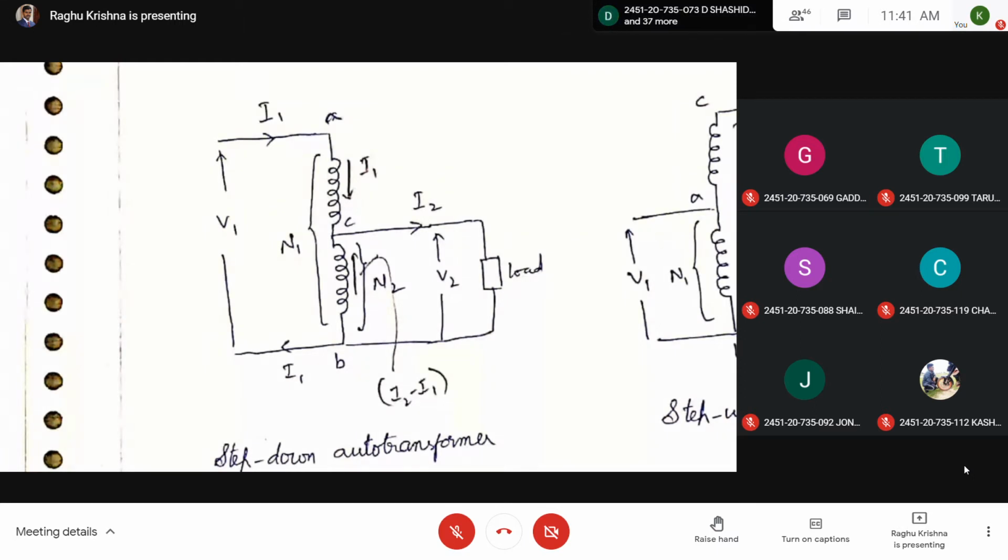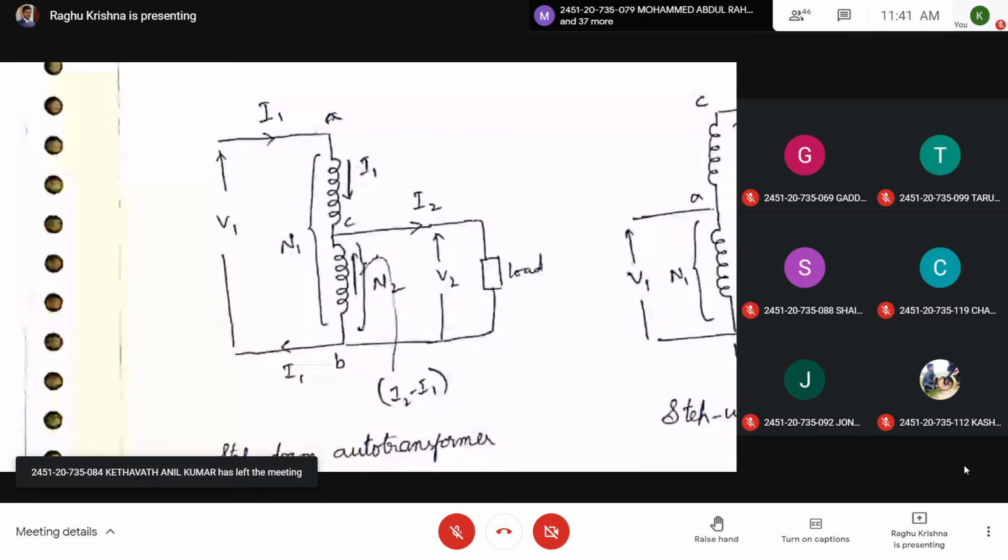Now the part of the winding common to both primary and secondary is CB. The complete winding AB comes under primary.